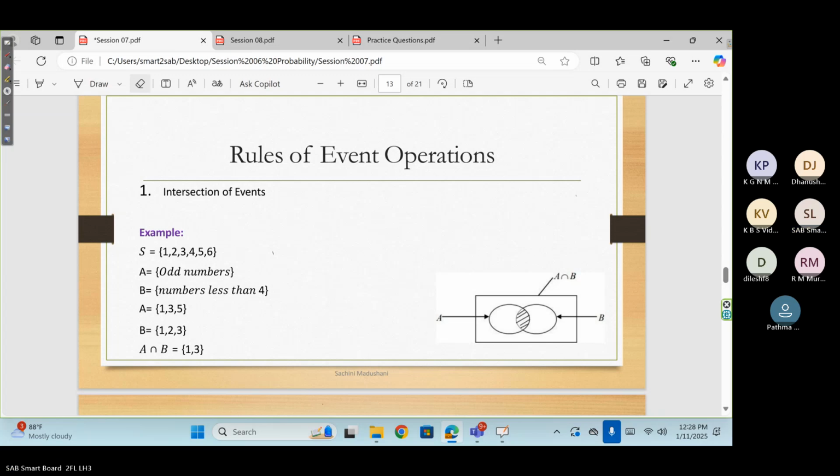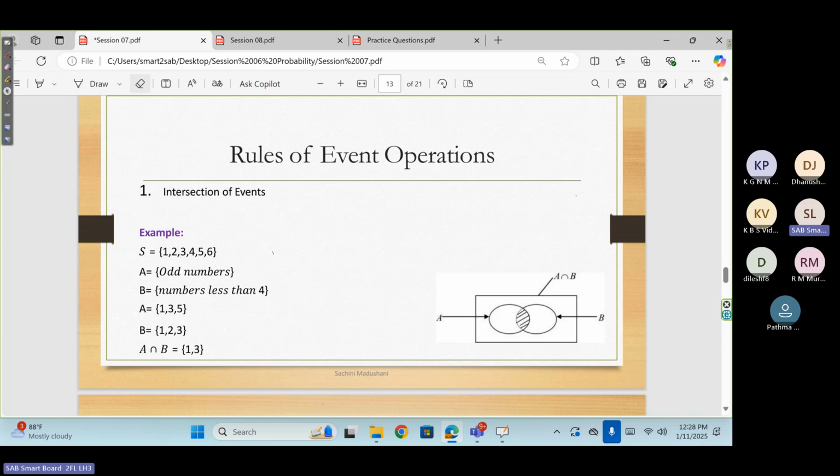Intersection means common area. You know the Venn diagram. Here there is a rectangular shape, and that shape represents the whole sample space.